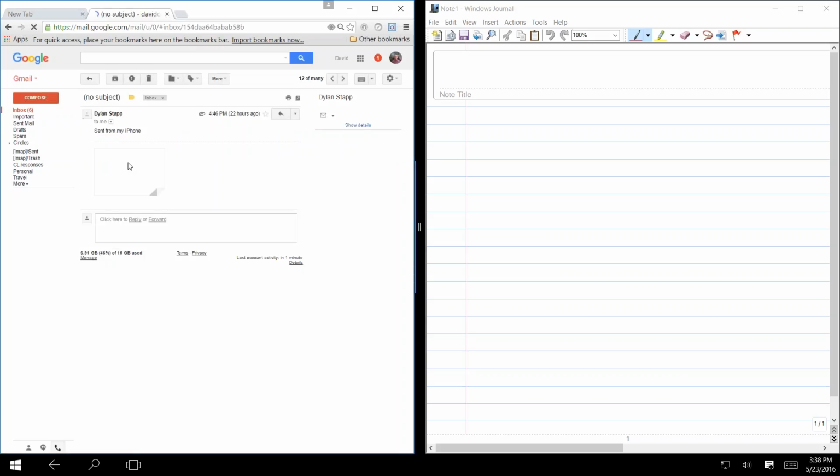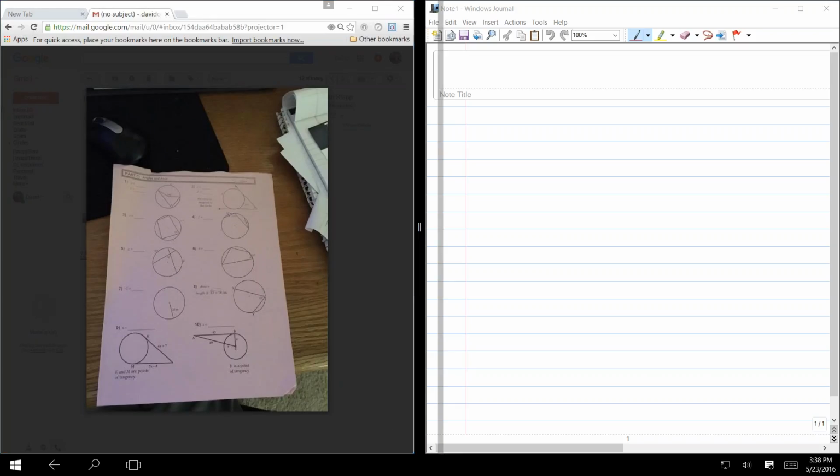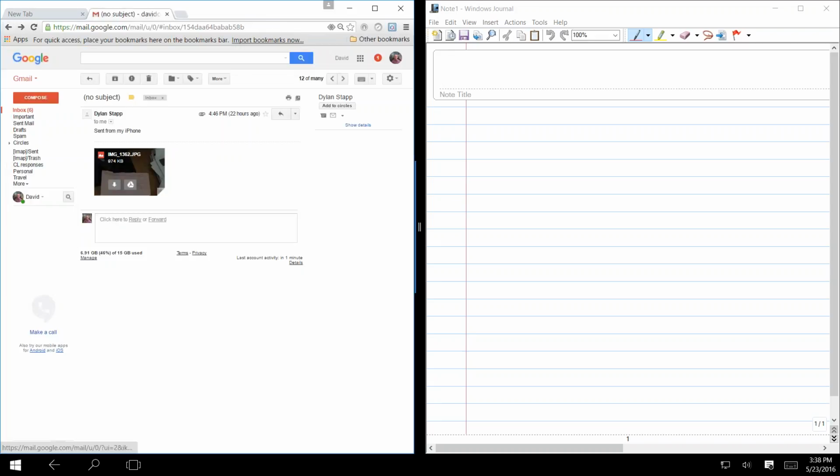This last one I got from Dylan has a lot of good stuff on it, so you might as well just use it. How come I can't blow this up? This is a JPG file. It should be. It's not downloaded. Oh, thank you. That's exactly what it is.